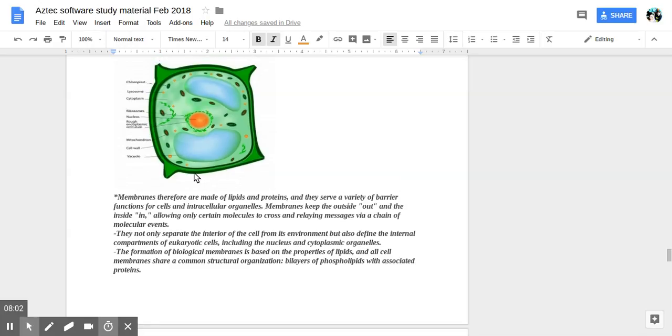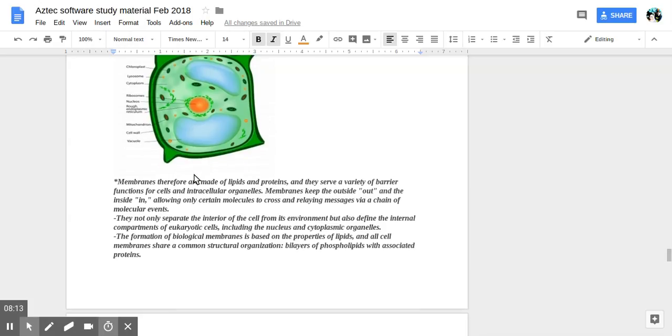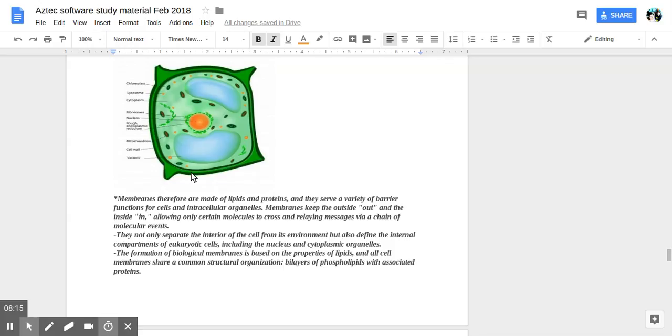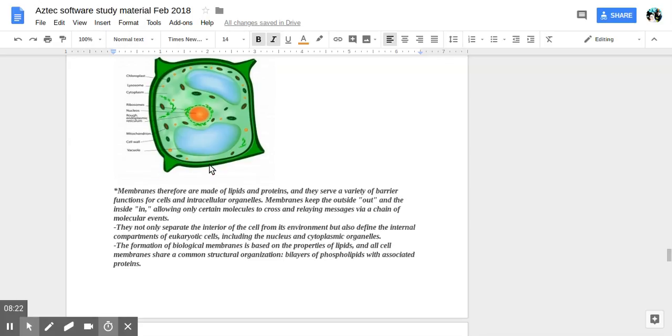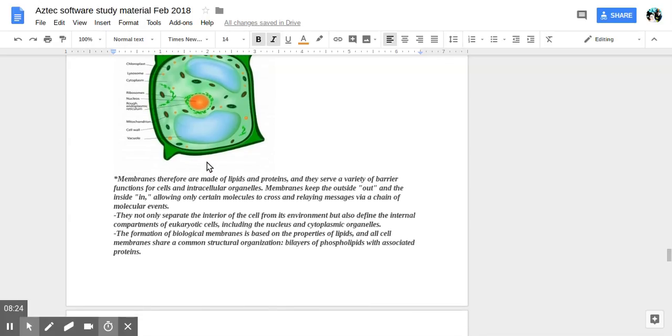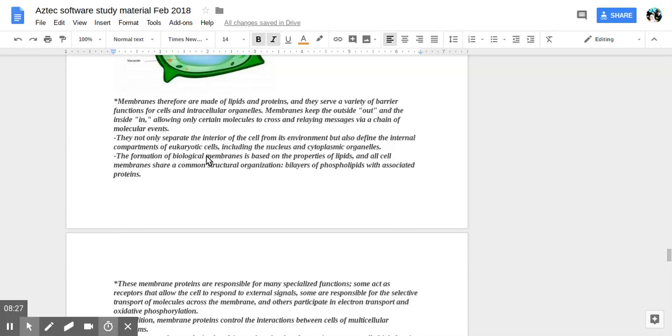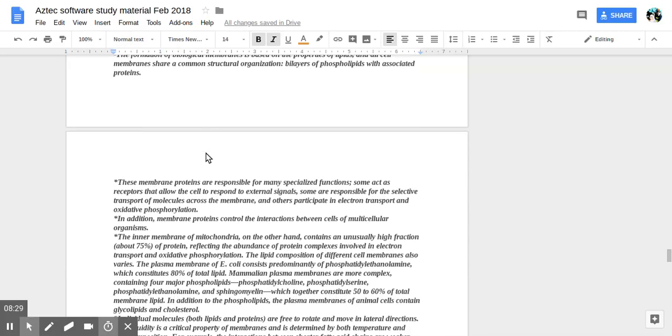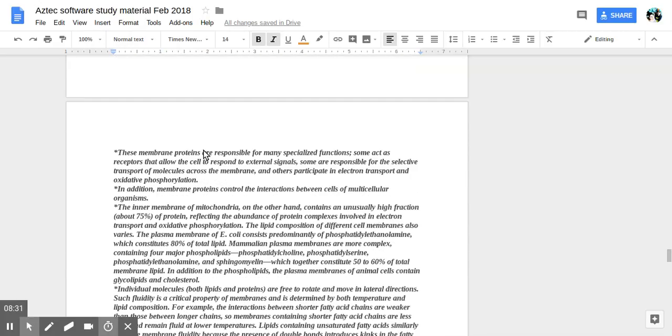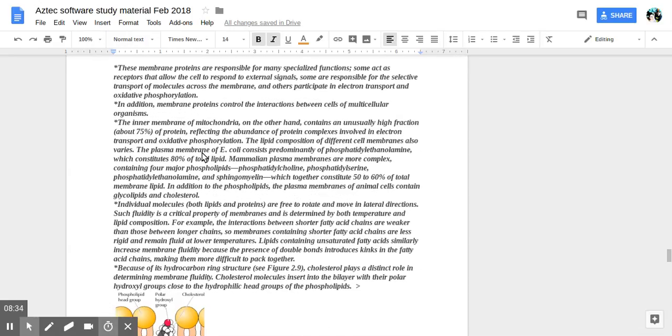They not only separate the interior of the cell from the environment, but define internal components, such as the different organelles and the nucleus, which are separated by membranes. So the properties of lipids and their associated proteins define these membranes and the bilayer of the membrane. That's the structural organization of membranes.